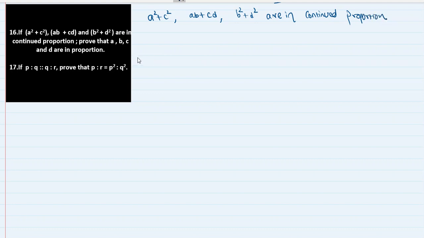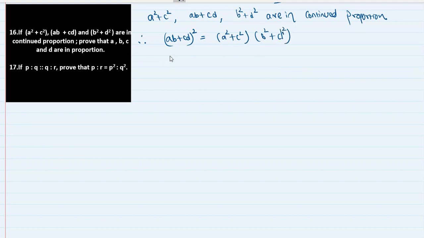So therefore we can say that ab plus cd the whole square is equal to, that is square of the mean is equal to product of extremes, that is a square plus c square multiplied by b square plus d square.